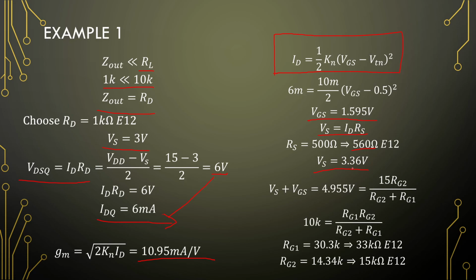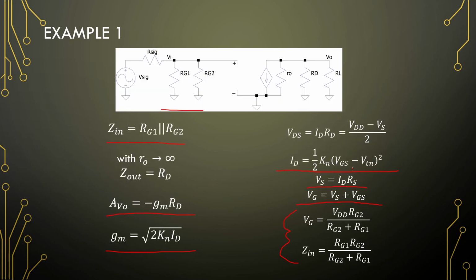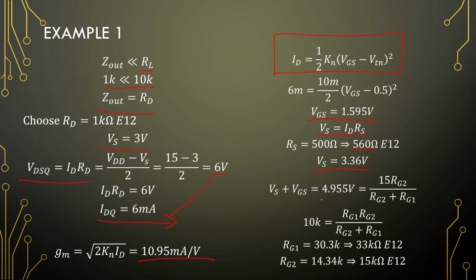Okay, so 3.36 plus our gate voltage of 0.5 gives us 4.955 volts. So this 1.6 roughly plus this 3.36, and that is our voltage divider.